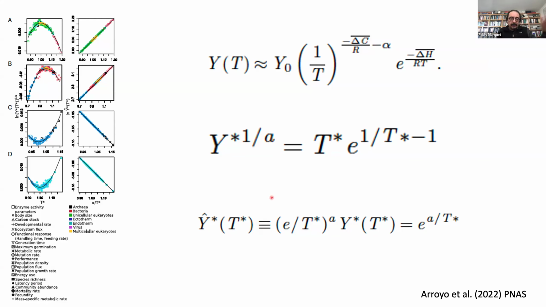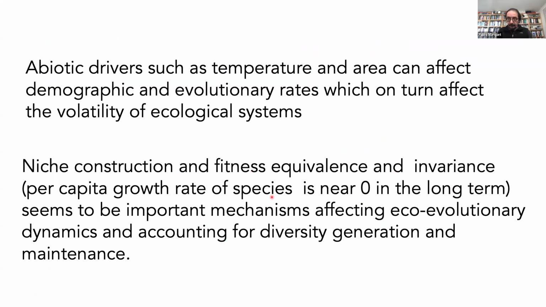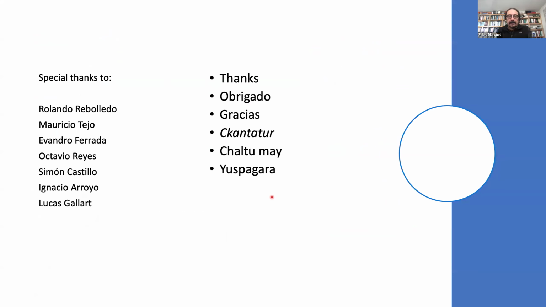So it looks like everything else that I told you before might be accelerated by the action of these abiotic drivers such as temperature, that might affect how niche construction and the achievement of this beta distribution actually can happen. So with that, I would like to just acknowledge all my friends and collaborators who have been involved in this work through the years.